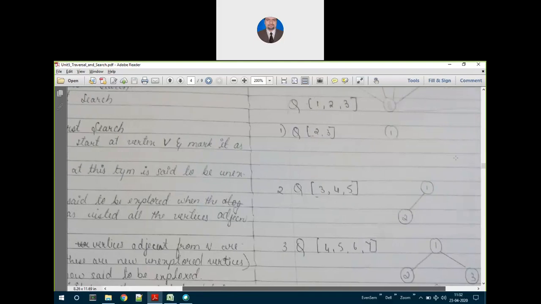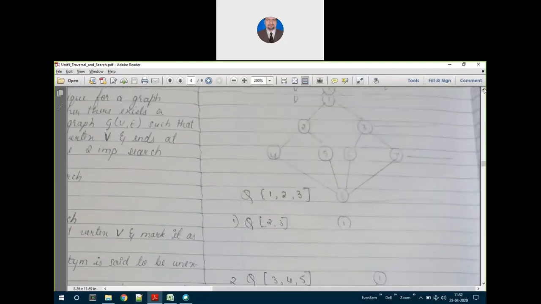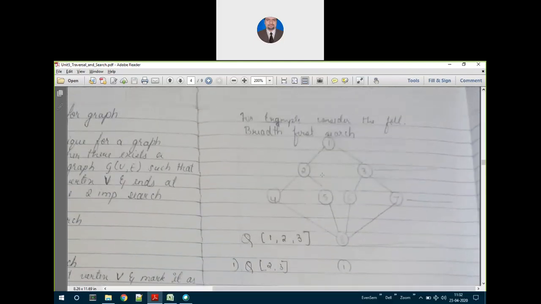The same graph is there, consisting of 8 vertices and the edges like this. At the beginning, the queue is taken to be 1, 2 and 3, because these are visited at this stage. At this stage we can say that vertex 1 is explored, because 2 and 3 are visited, so it is removed from the queue.